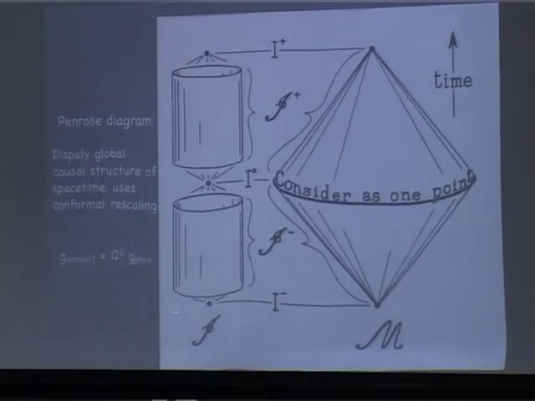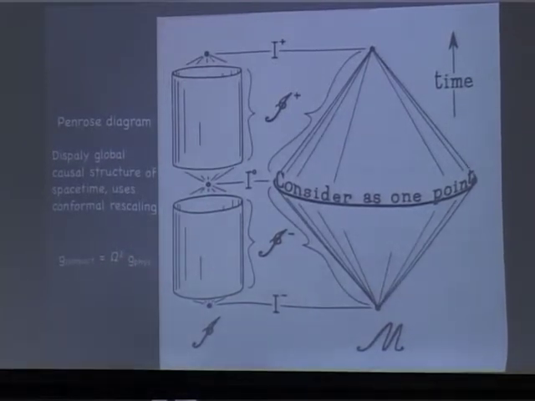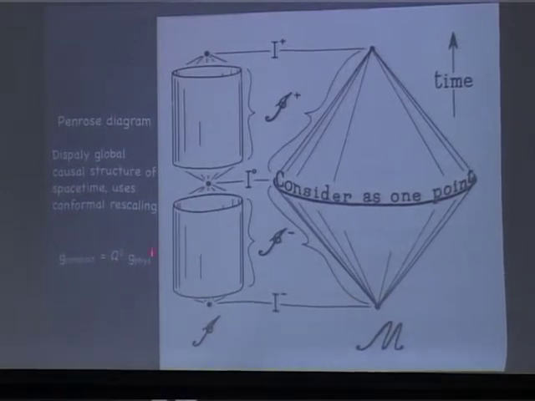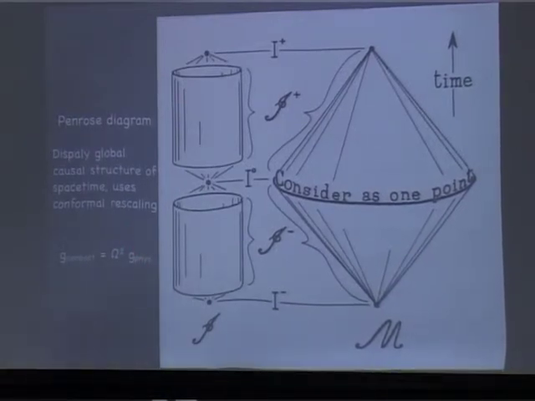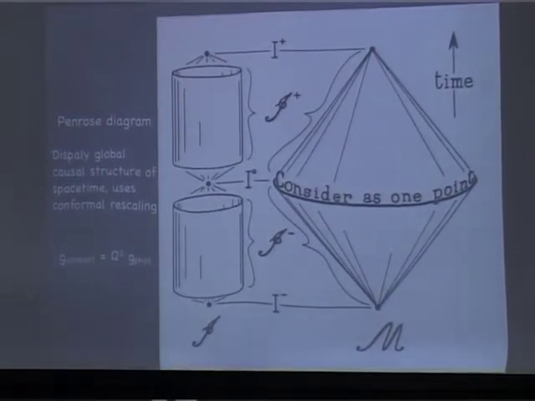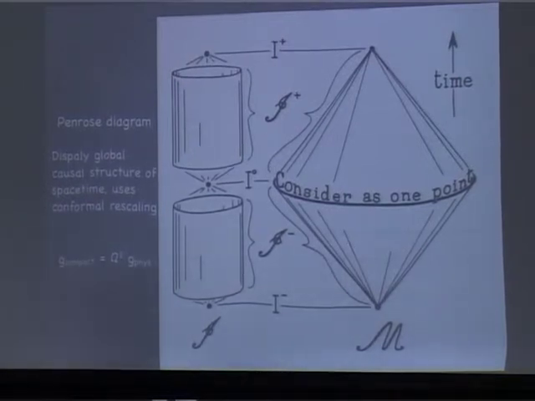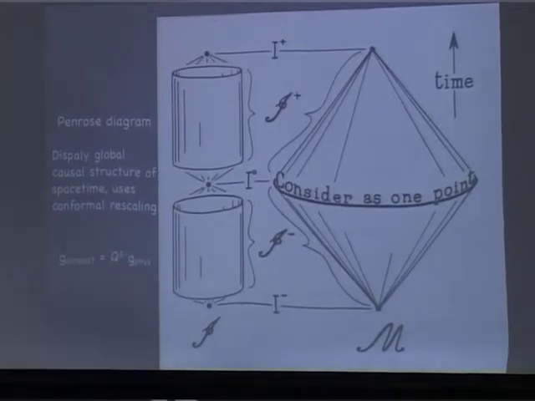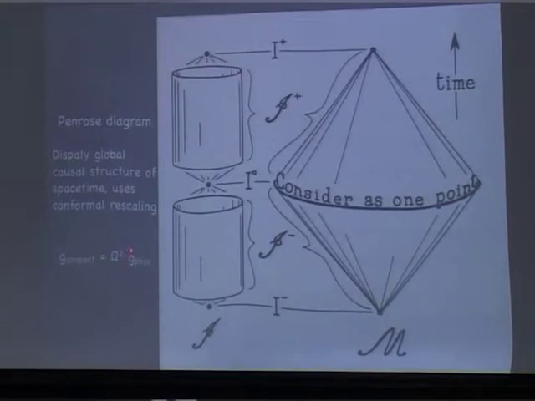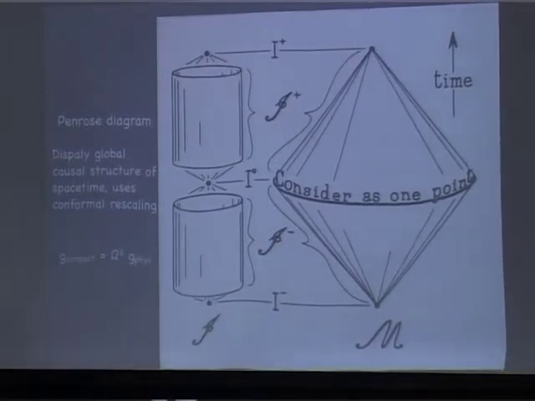We take our physical metric, call it G physical, and multiply it with a scalar function squared. I choose the square just to make sure that this is always positive, and it turns out that the power of 2 is just convenient. This defines a new, rescaled metric, which I call the compactified metric, because as the separation goes to infinity, I let this omega go to 0 in an appropriate way.